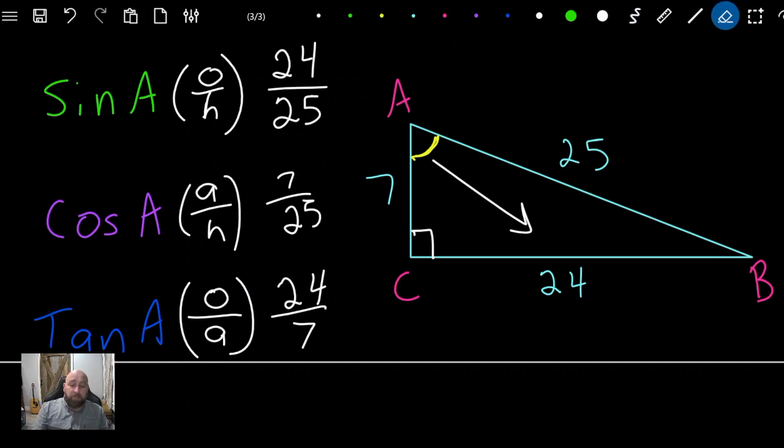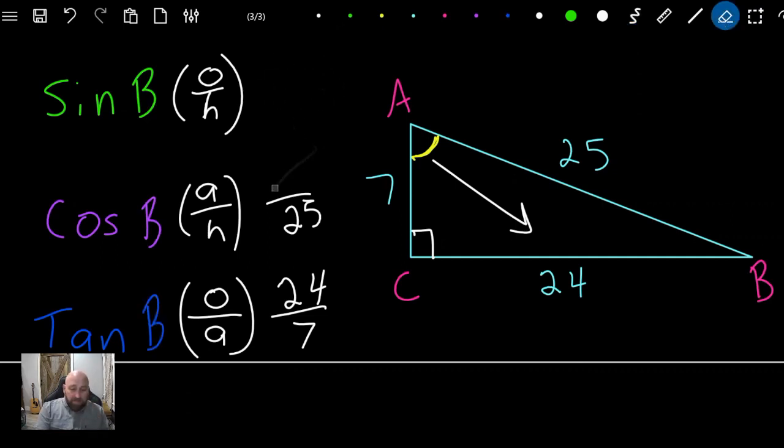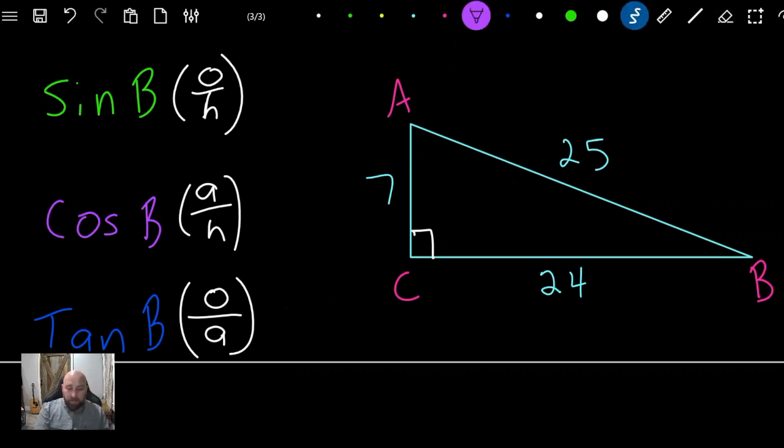Now, let's redo those, except this time we're going to find the sine of B, the cosine of B, and the tangent of B. We keep the same formula here, but we're going to have to get rid of all that because that was for A. So I'll redo this one down here.